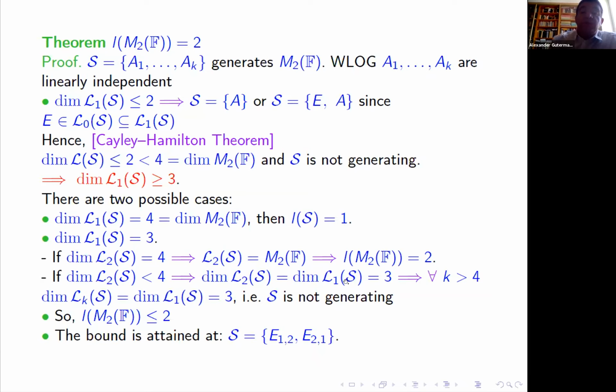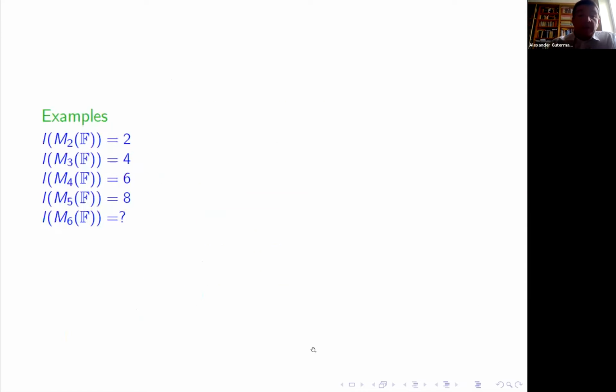In one possibility, we have a generating system giving us 2, but in the possibility where the dimension of L2 is less than 4, we just have a system which is not a generator. So finally, we have that bound for all generating sets. It is bounded by 2, and this bound is achieved on that particular set of matrix units. Well, I better mention that, say, for 6x6 matrices, the problem is open.